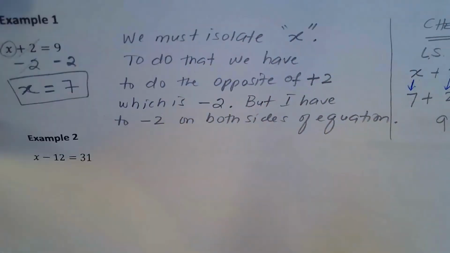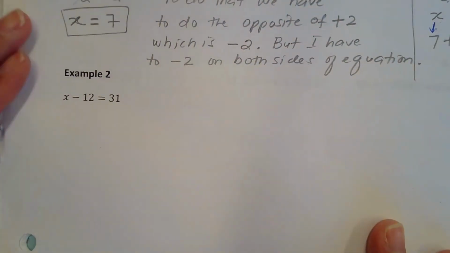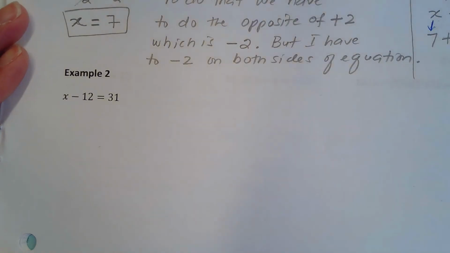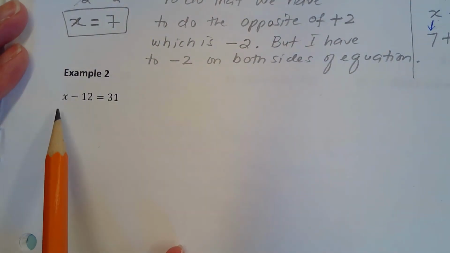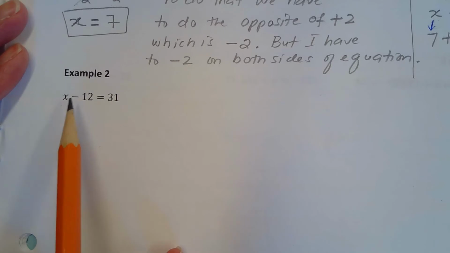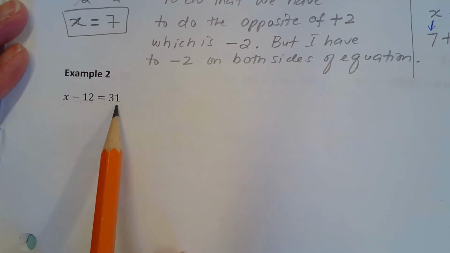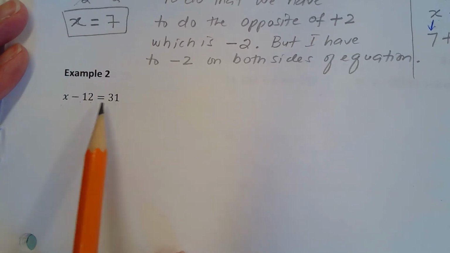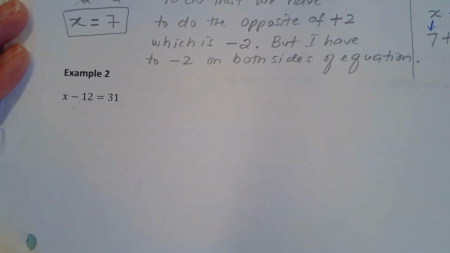Let's try this one. What are you thinking about when you see this? x minus 12 equals 31. Okay, I have to isolate the x. And how do I isolate the x? Leave it alone.